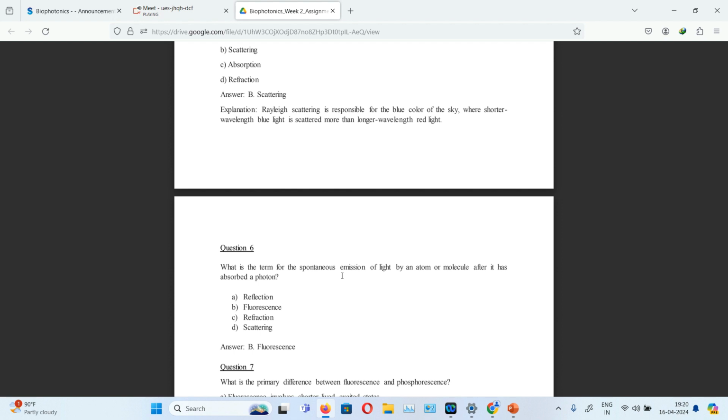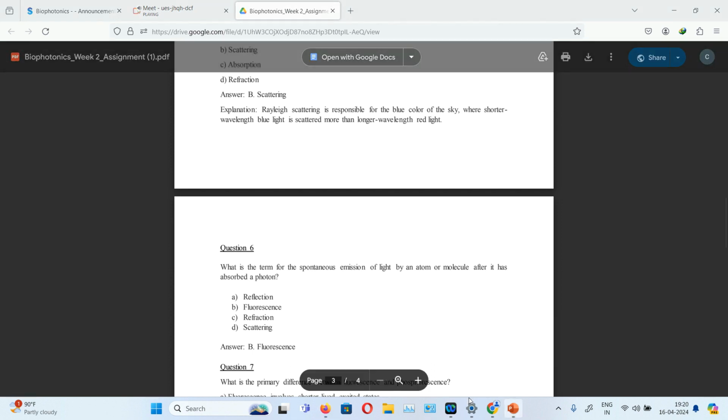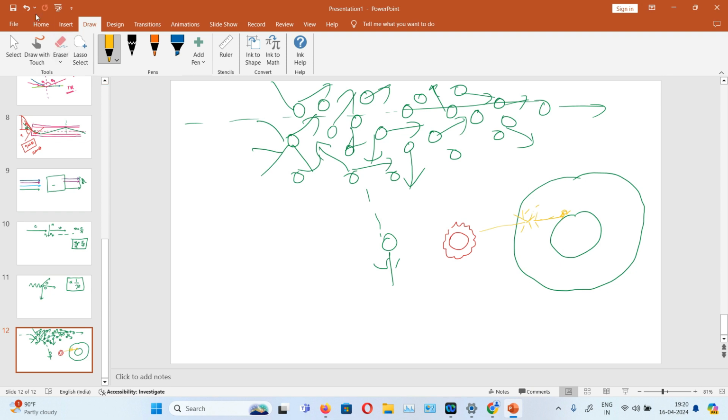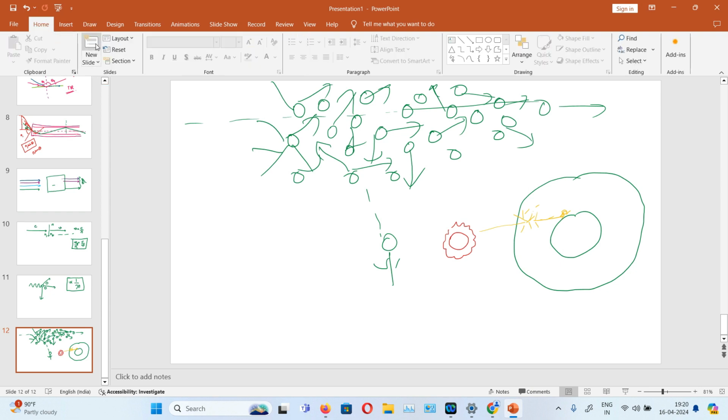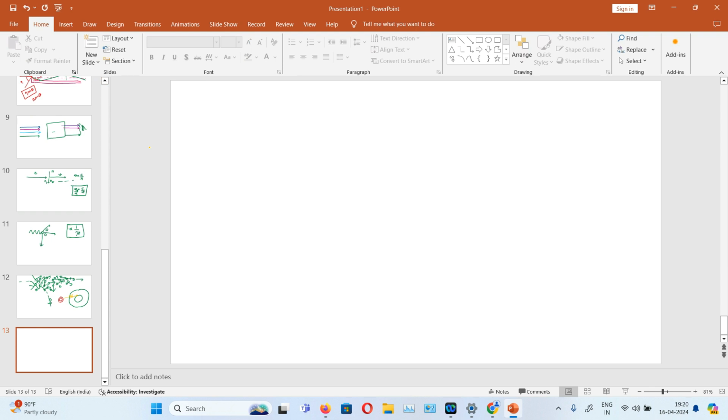Now, the other one is fluorescence. How does fluorescence occur in the case of light? When a particular molecule has a particular band gap, this is the ground state.